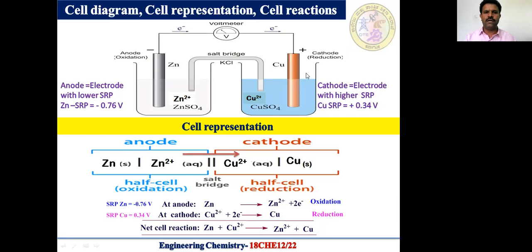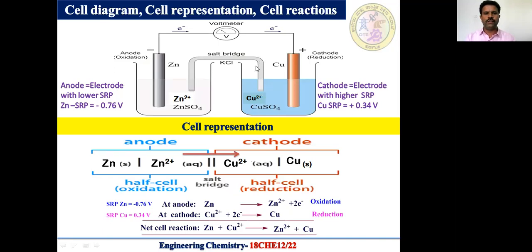So this is the cell diagram for Daniell cell, which consists of zinc metal immersed in zinc sulfate solution and copper metal immersed in copper sulfate solution. And these two electrodes are externally connected by electrical conductor through voltmeter and internally connected through salt bridge.